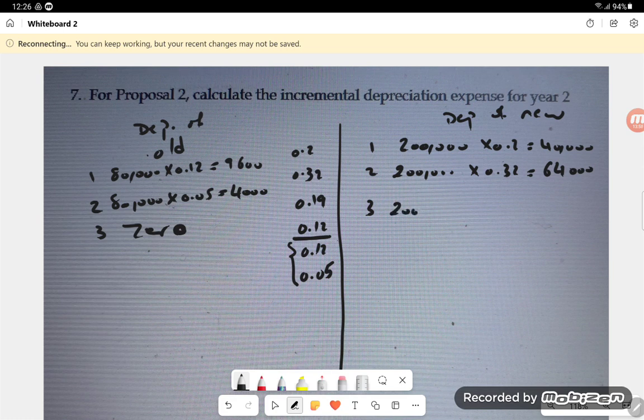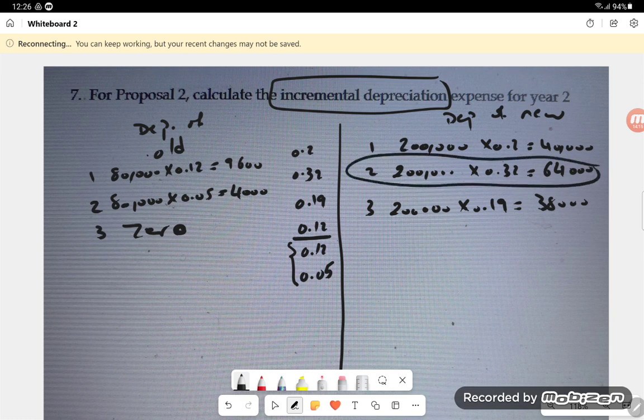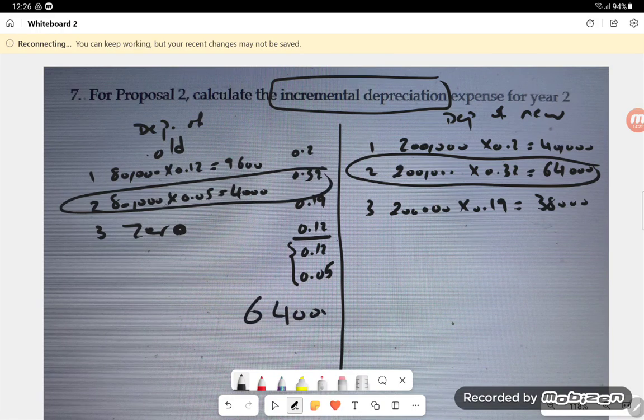And for year 3, it will be 38,000, and so on. The required is the incremental depreciation. Incremental depreciation is the difference between the new and the old. So it will be 64,000 minus 4,000. It will be 60,000.